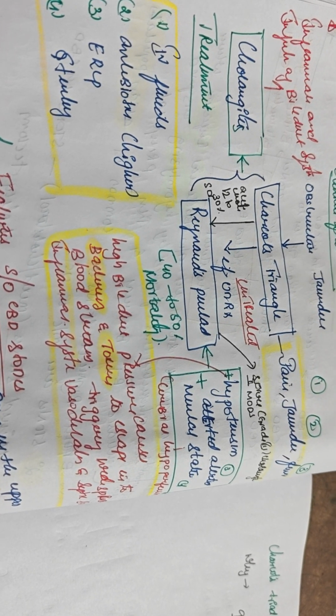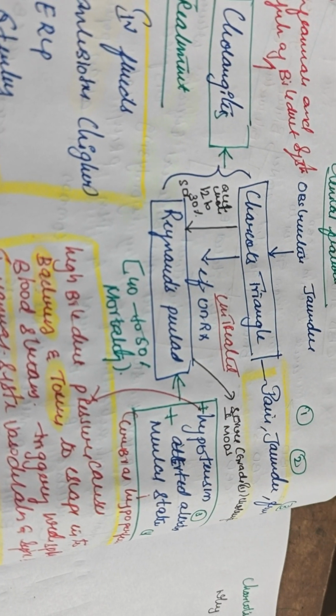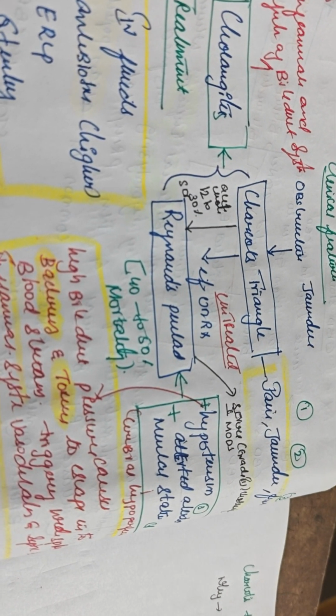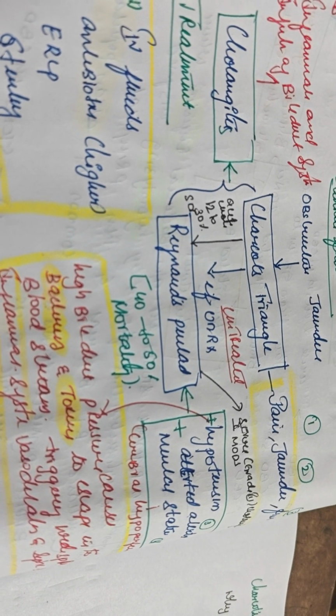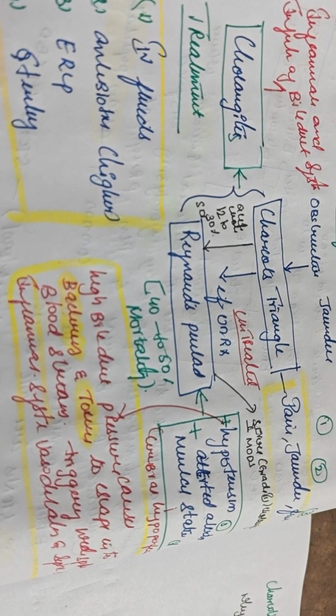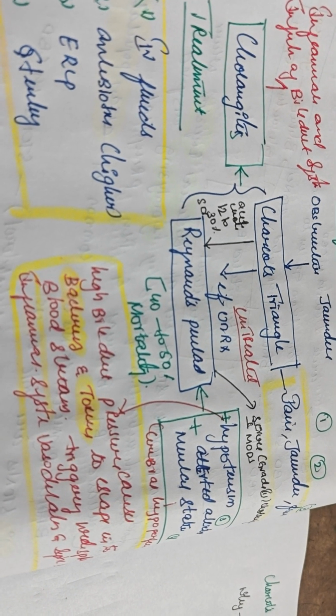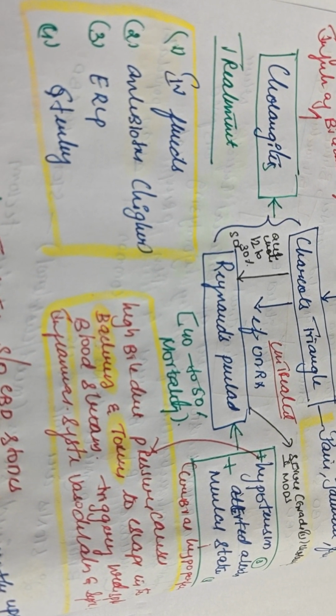So a person who has an obstruction, what do you mean? When do you call this an obstructive jaundice? You call the patient as an obstructive jaundice if a patient has a pain, right? Where exactly is the pain? Yes, I've told you, the right hypochondrial region, right?